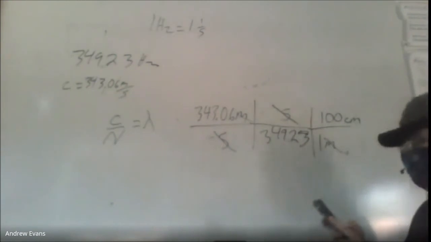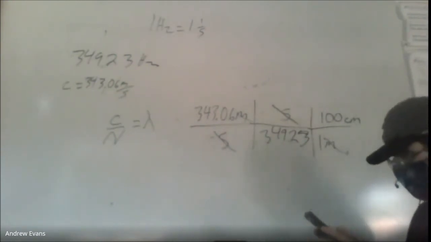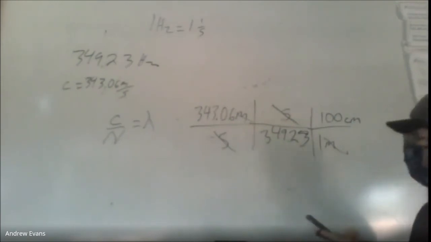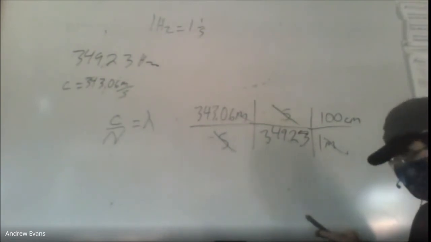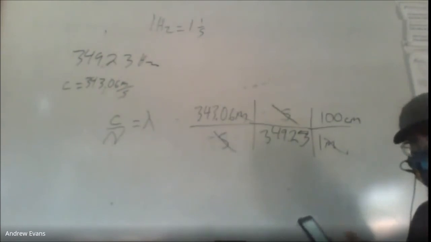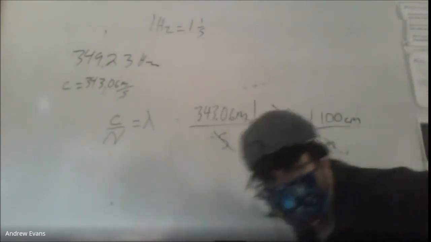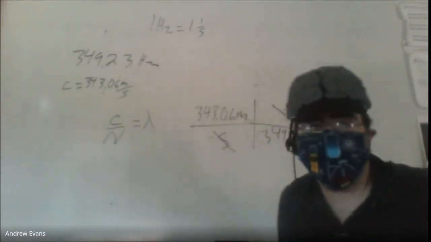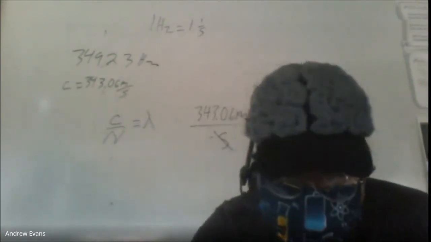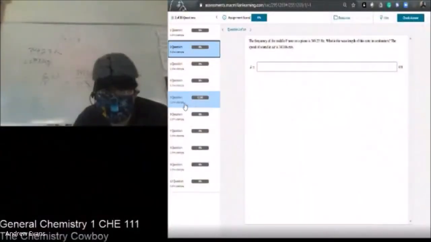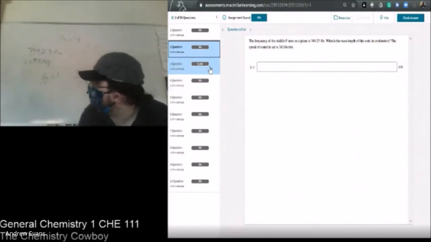Typing this in, 343.06, I multiply this by 100, and I divide that answer by 349.23. I get 98.23 centimeters.